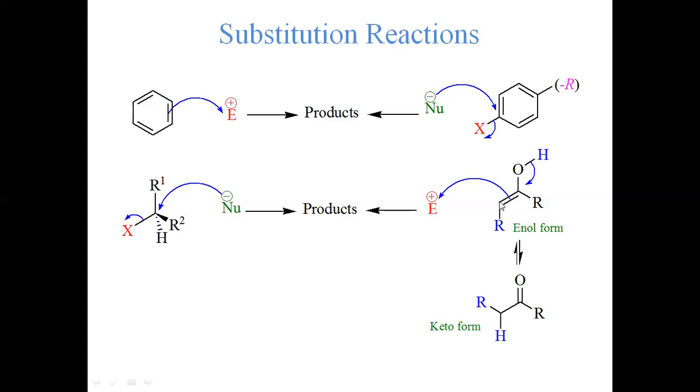It is sp2 hybridized, but if it reacts with an electrophile, it shall convert into an sp3 hybridized carbon. You see, one alkyl group and one hydrogen are already present. If an electrophile reacts with this, it shall become an asymmetric center. This sp2 hybridized carbon shall be converted into an sp3 hybridized carbon in fact.